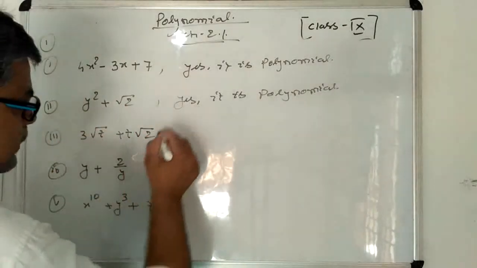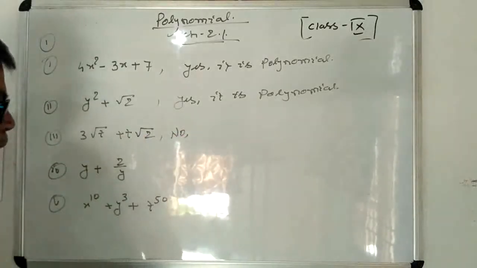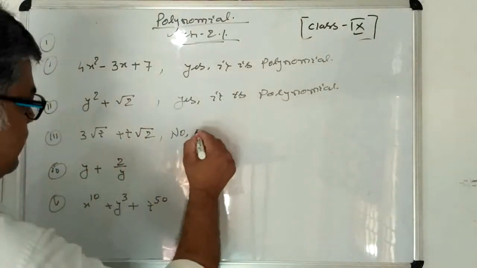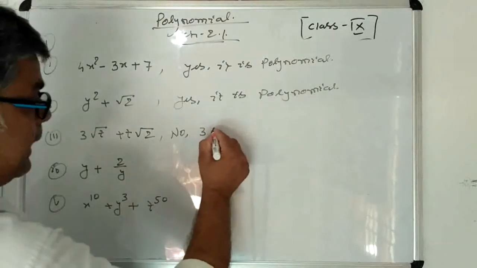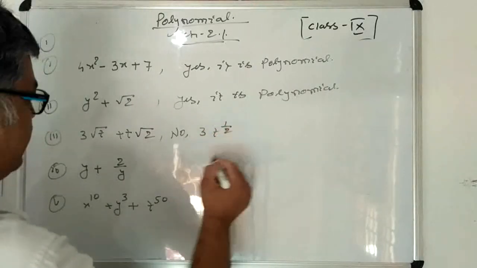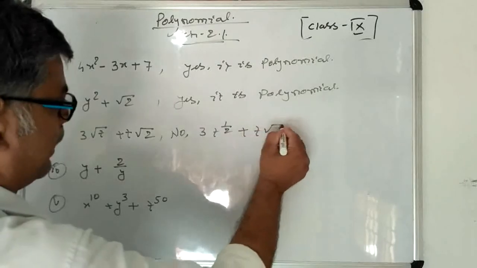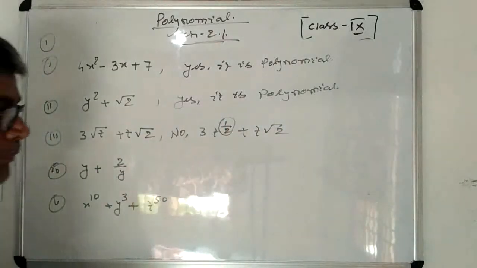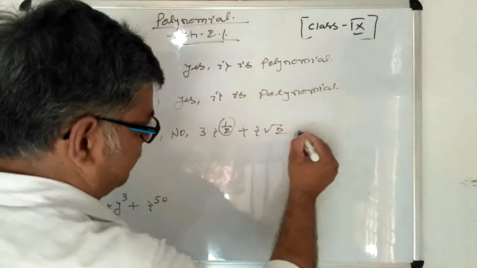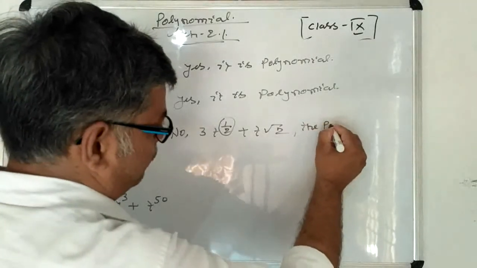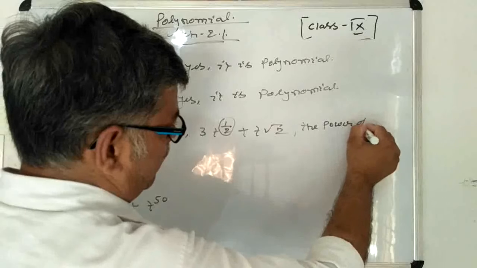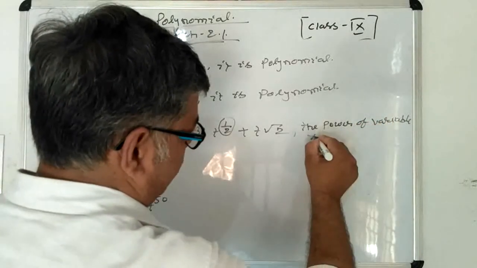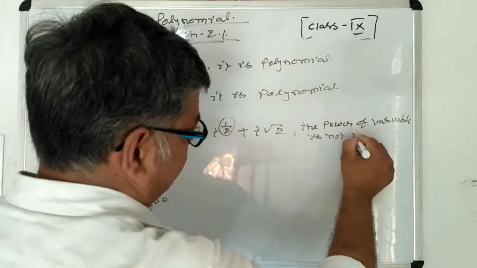But in this case, no, this is not a polynomial, because you can write 3 t raised to power 1 by 2 plus t under root 2. So you can see that the power of the variable is a fraction. The power of the variable is not an integer.